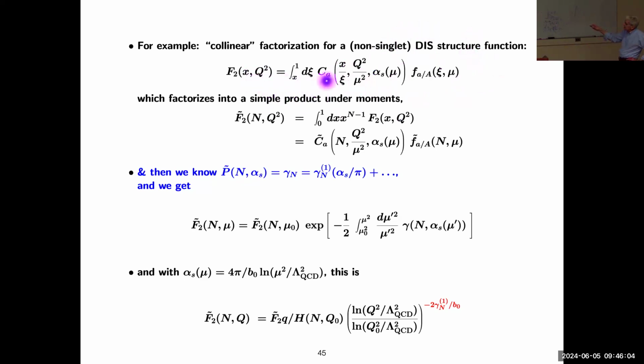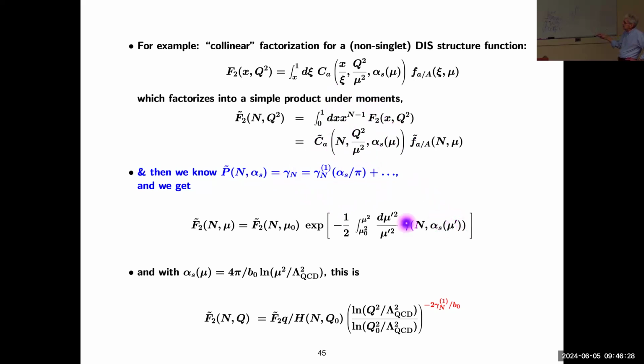In the case of DIS structure functions, they factorize into moments under products. And so if you happen to know the P's as a function of alpha_s, and say at just the lowest order, this gamma_N^(1) is some coefficient which depends upon this N, the Mellin moment that we took.